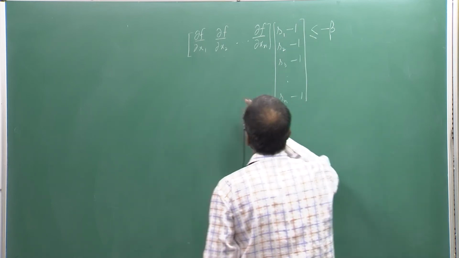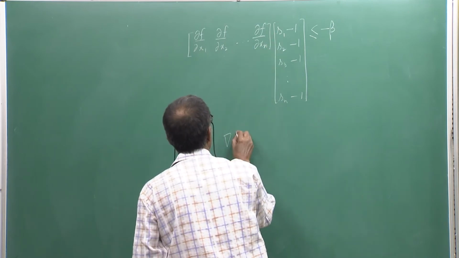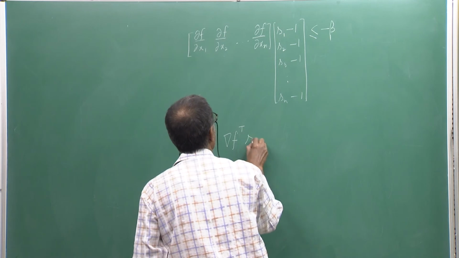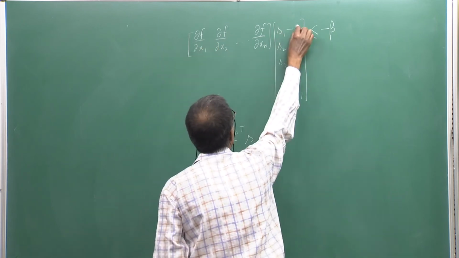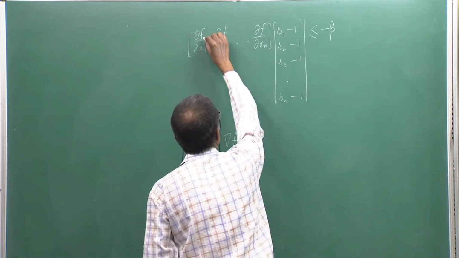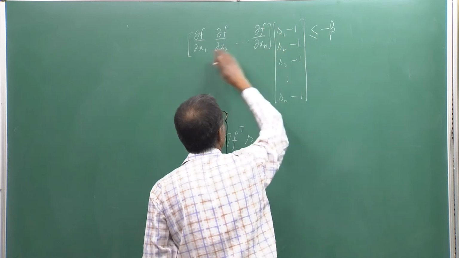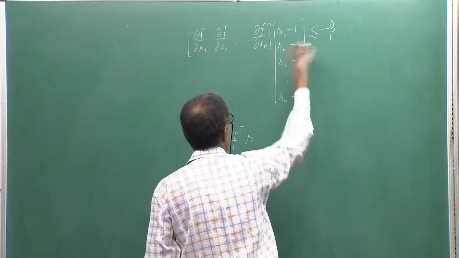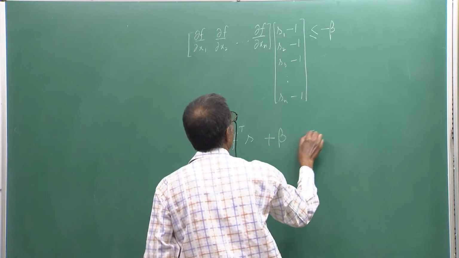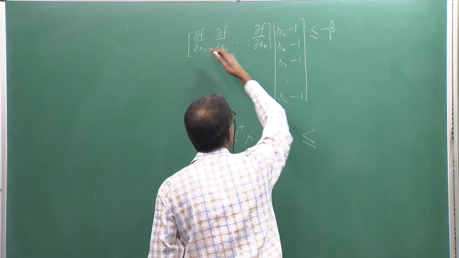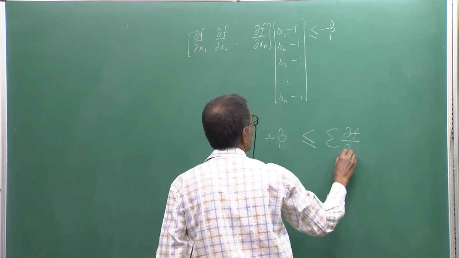So, when you open this, you will get grad f transpose s vector minus grad f transpose times the ones vector, that is del f by del x 1 plus del f by del x 2 and up to this, that is the sum of all these partial derivatives. From that side import beta on this side, and then this sum of the partial derivatives keep on this side.